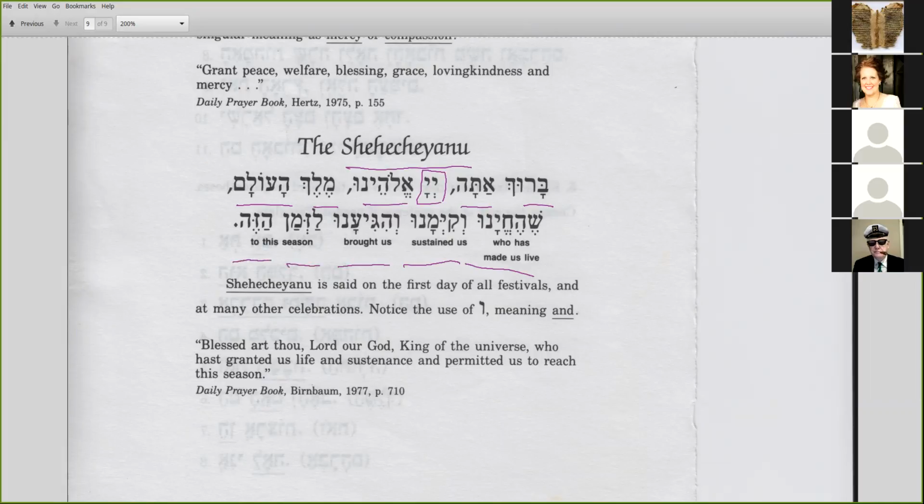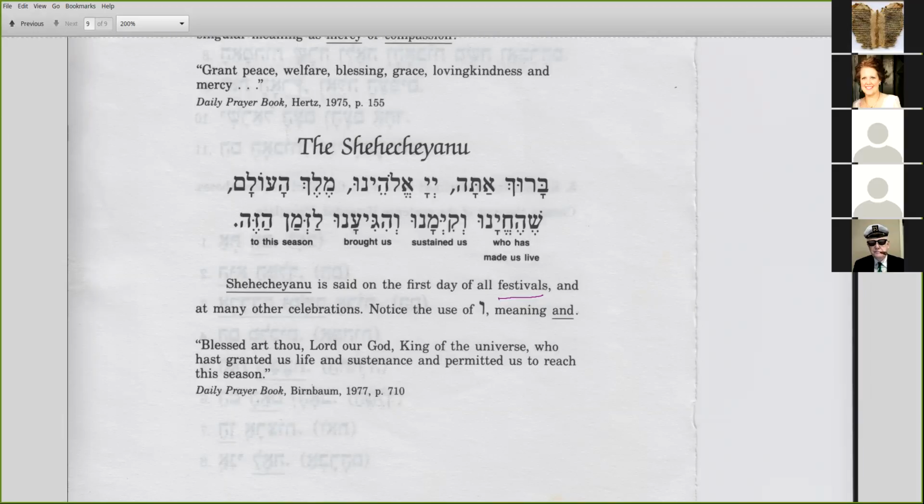So Shehechiyanu, who has made us live; v'kiyamanu, sustained us; v'higianu, brought us; lazman, season; hazeh, to this season. The Shehechiyanu is usually recited the first day of all of the feasts. It's basically a thanksgiving prayer that the Father has allowed us to live the number of days to reach the next appointed time. And so that's a blessing.